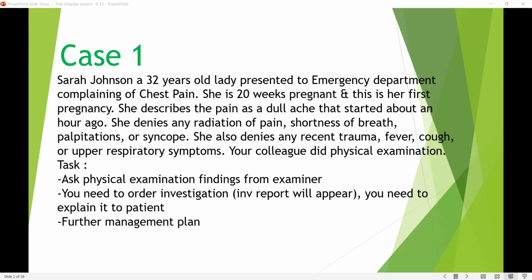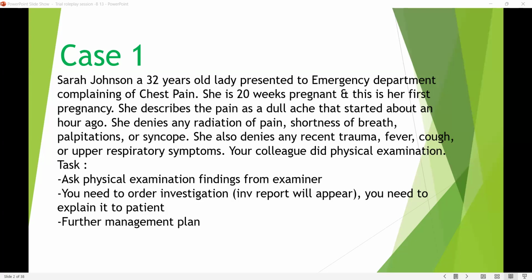Normal. Okay, I would like to examine her chest and heart, by inspection for the apex beat, any parasternal heave, and chest movement, and palpation for the apex beat, parasternal heave, palpable thrill or murmur, and chest expansion.